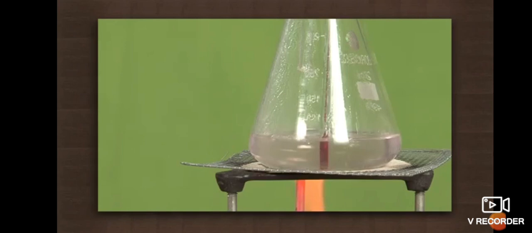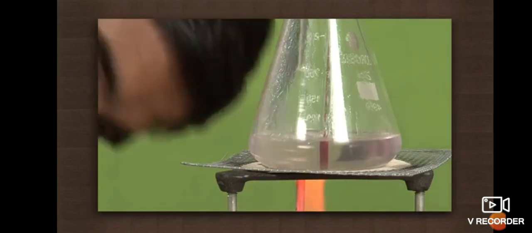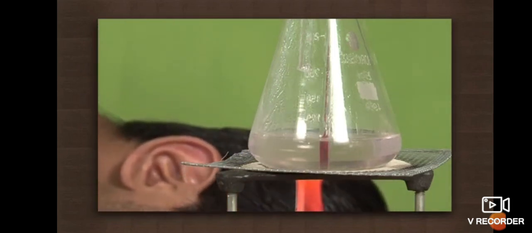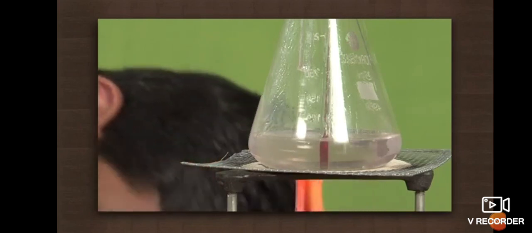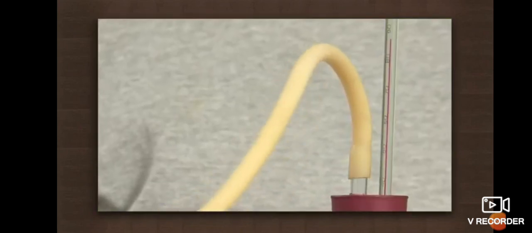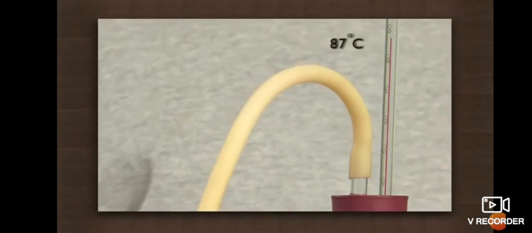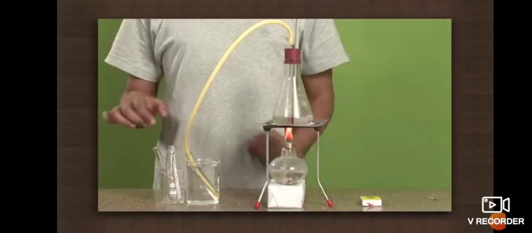Since alcohol and water have a significant difference in the boiling point, they will boil at different temperatures. Alcohol, which will boil at a lower temperature, will first turn to vapor completely, while water will remain in the liquid state at that temperature, and hence they will get separated. Note the temperature at which the solution starts boiling. It reads 87 degrees Celsius.